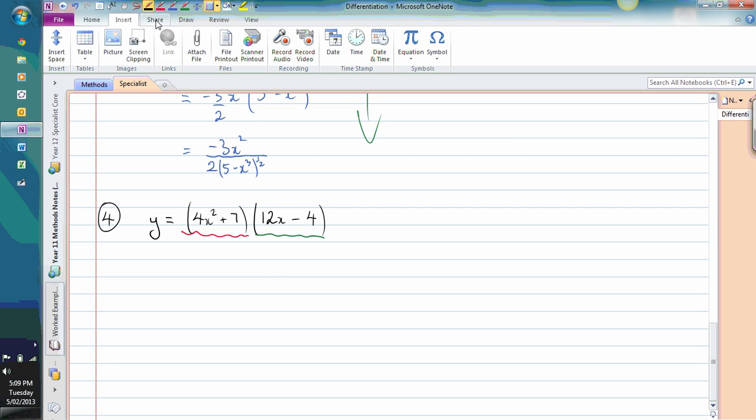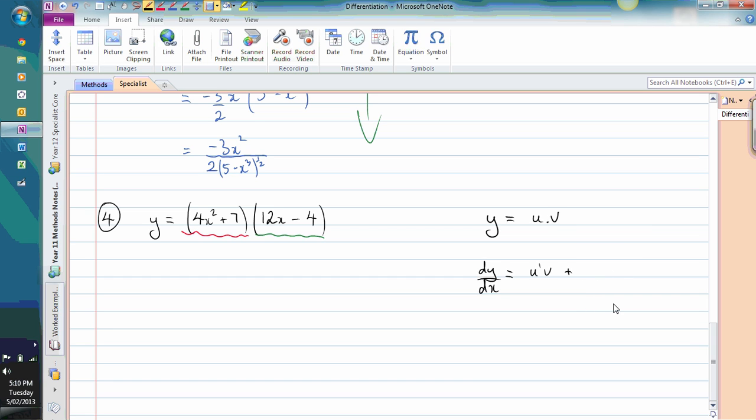And the product rule, if you remember, said that if y is a function of two things multiplied together, u and v, then I can differentiate y, find dy dx, by differentiating u, which we sometimes denote u dashed, multiplied by v, and then adding it to the derivative of v multiplied by u.